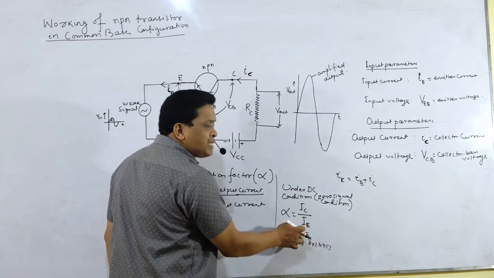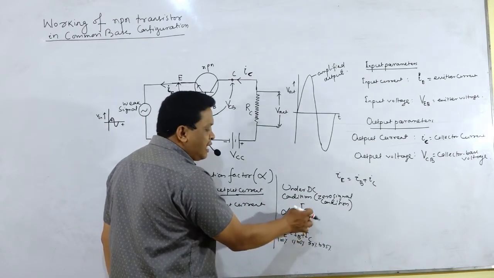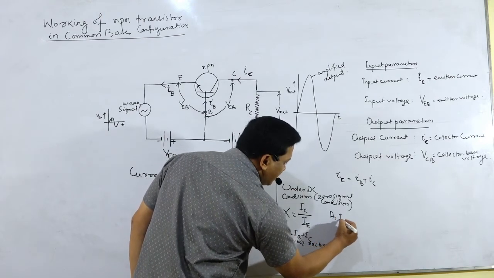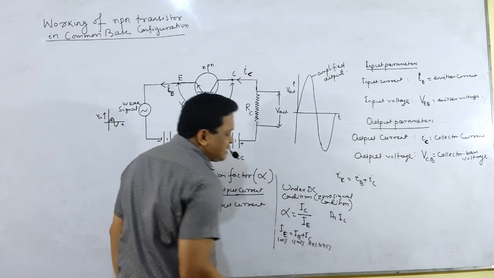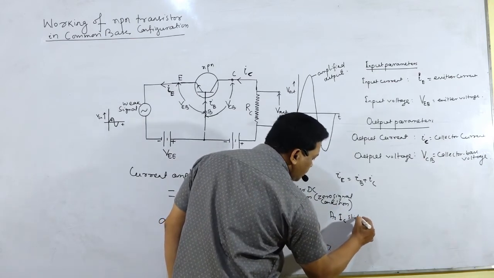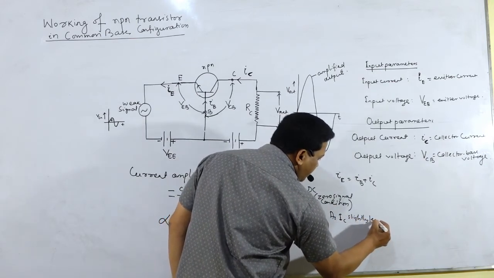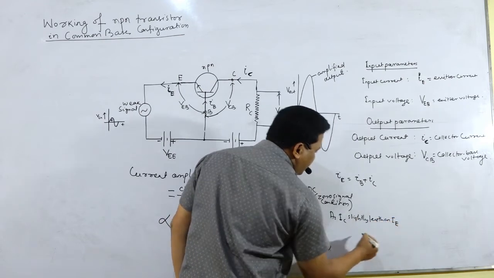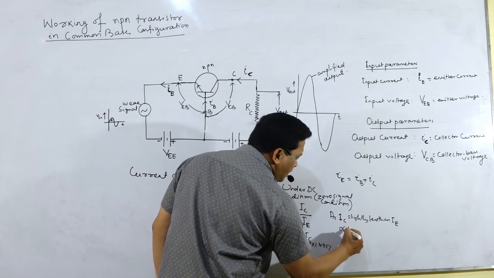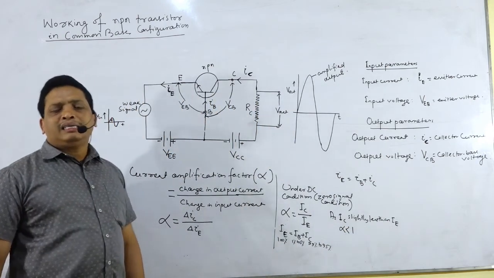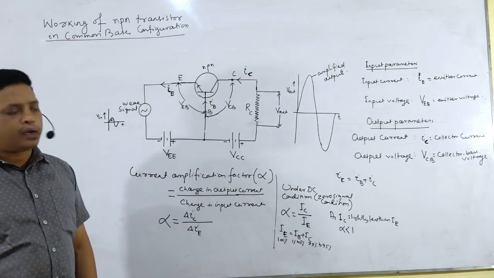Therefore, alpha is slightly less than 1.